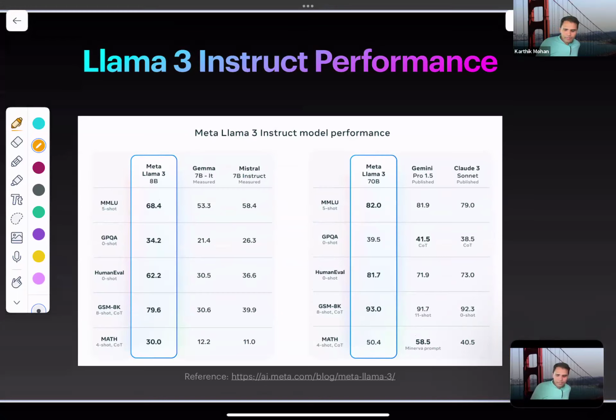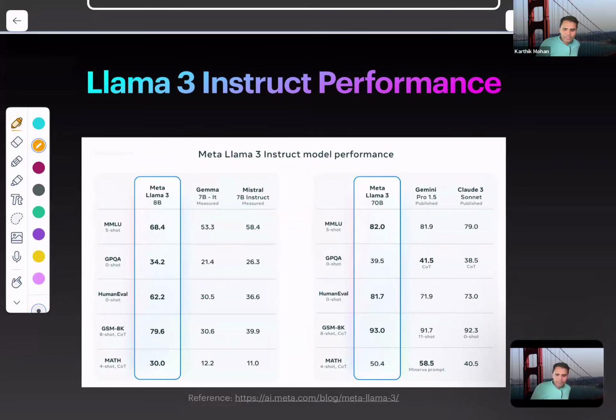So let's briefly look at Llama 3 as an example for Instruct models and Instruct performance. On the left is Meta Llama 3 8 billion, and on the right is Meta Llama 3 70 billion. The 70 billion, which you can also test today in the in-class exercise, is amazing, and it's able to do very well on many tasks. Let's also go through some of the data sets that these LLMs get evaluated on.